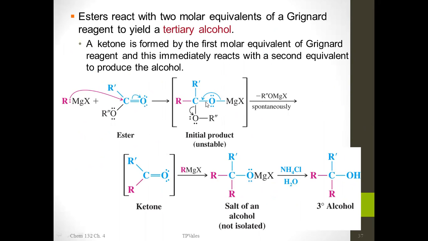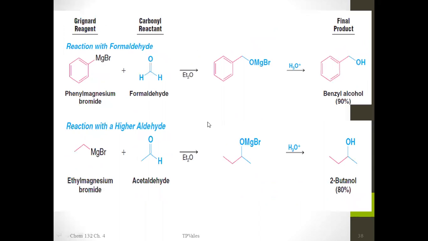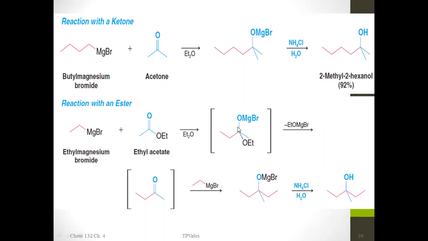When this leaves, the double bond returns, and you get your OR, which is negatively charged. What happens here is that when the double bond forms, this leaves.